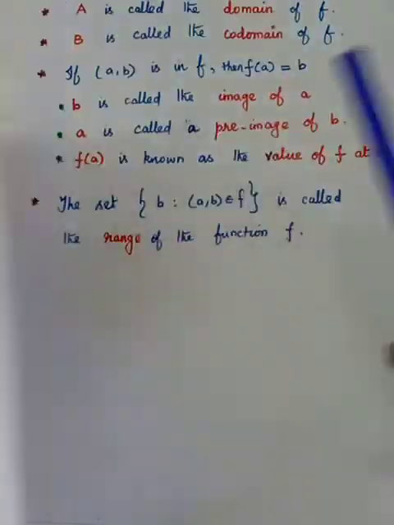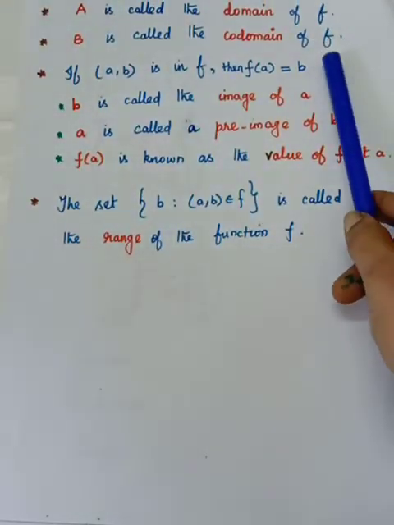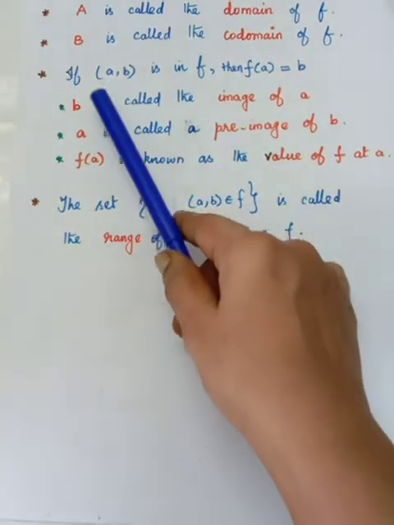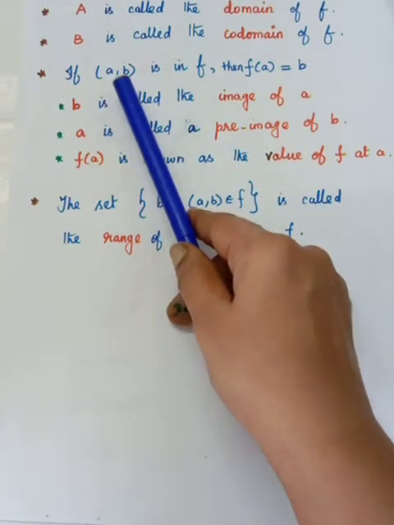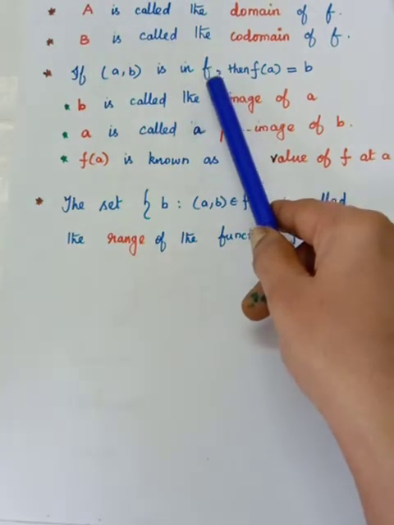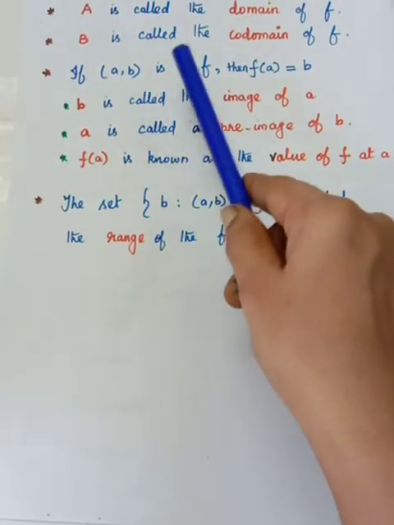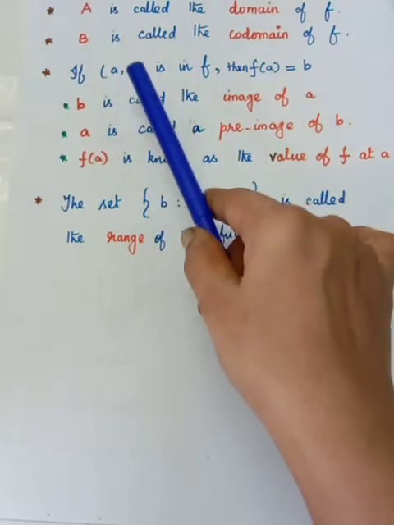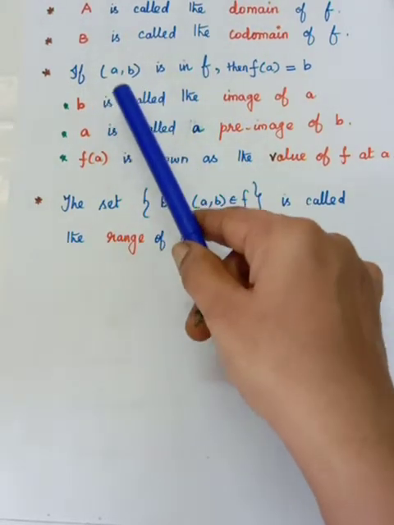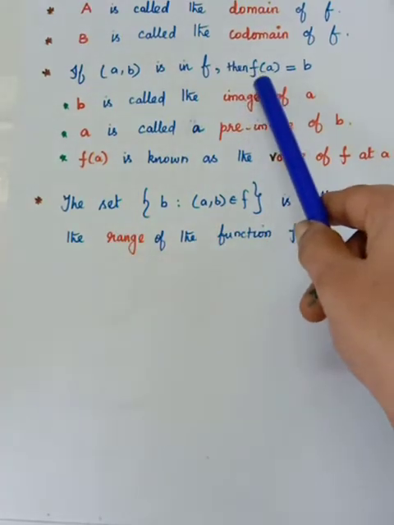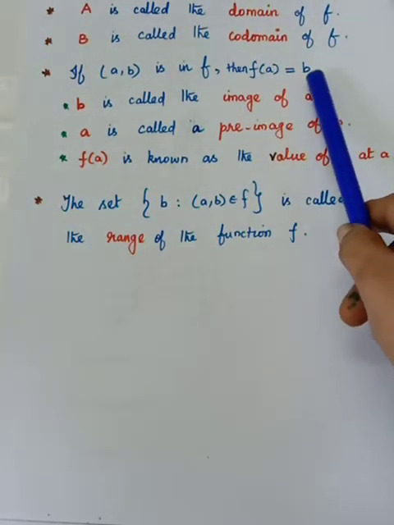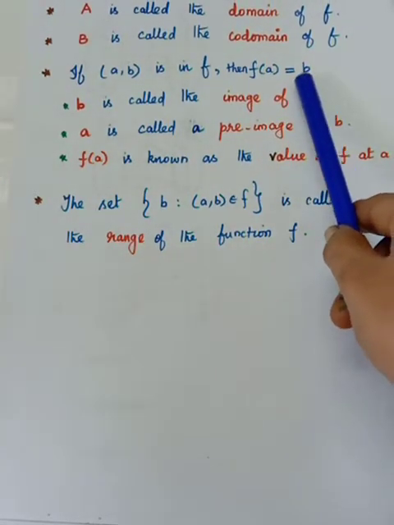Capital B is the codomain of F. If the ordered pair (a, b) is in F, that means a is related to b. In this function, a is related to b, or a is mapped to b, means we can write F of a is equal to b. Now what is the element b?